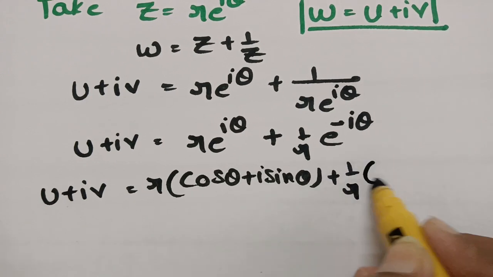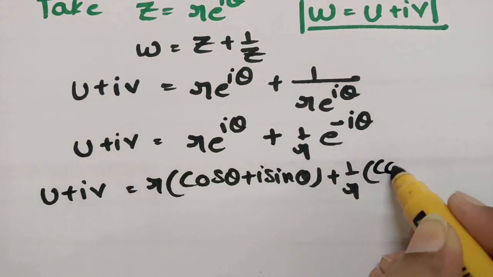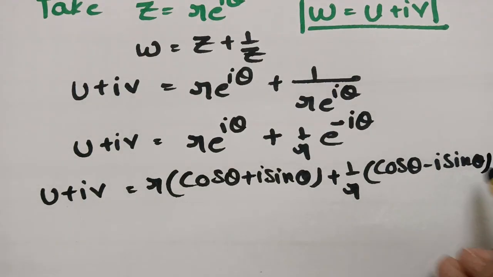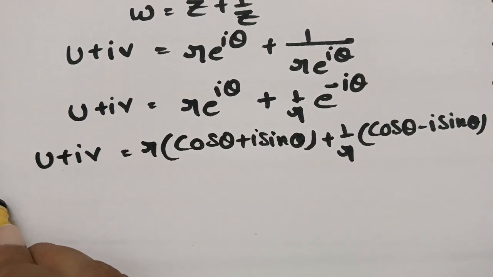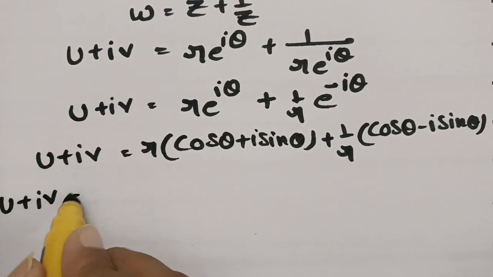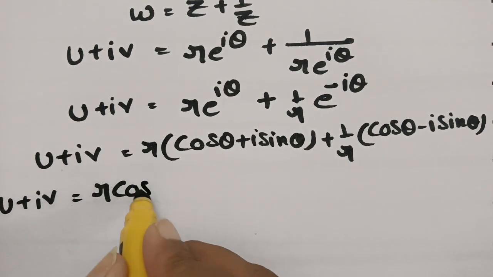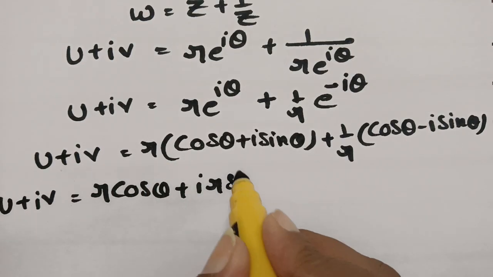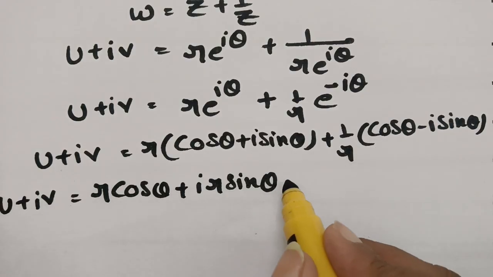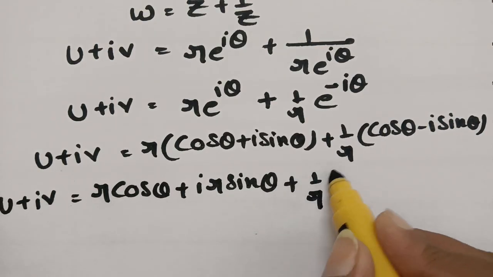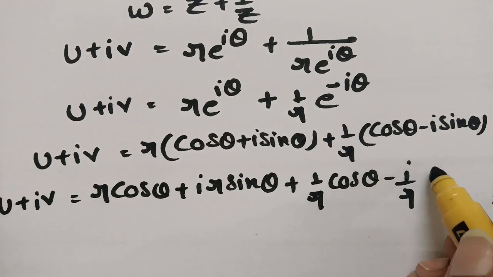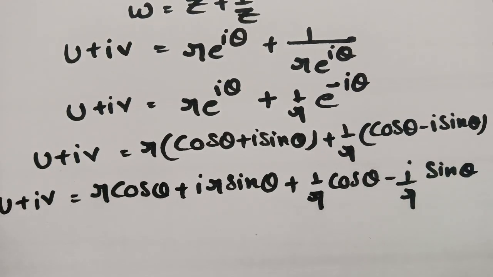So this is 1 by R times of, if there is minus here, cos theta minus i sin theta. Clear? And now U plus iV value will be R times of cos theta, if you keep multiplying this one, i times R sin theta, and if you multiply with 1 by R, this is 1 by R times cos theta minus i by R times sin theta.